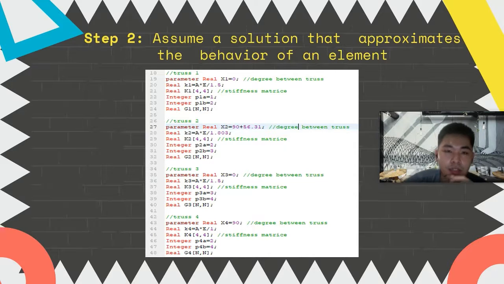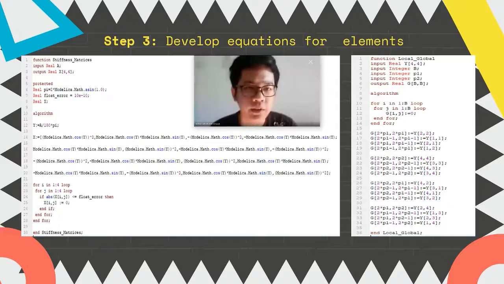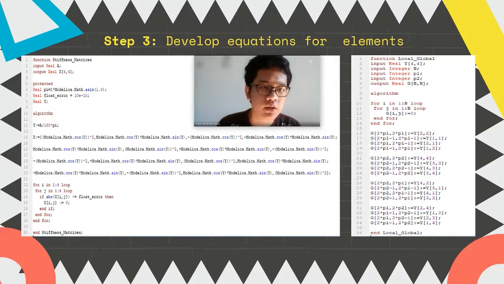Next we have step 3, develop equations for elements. We use the declaration of function stiffness matrix. We input the real A as the matrix and output as x for 4 comma 4.